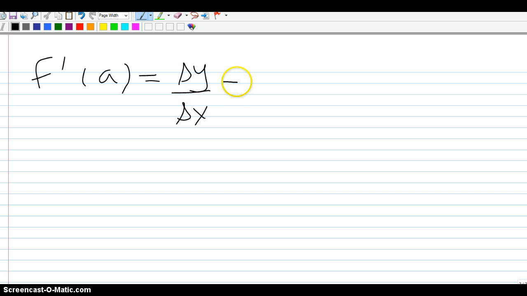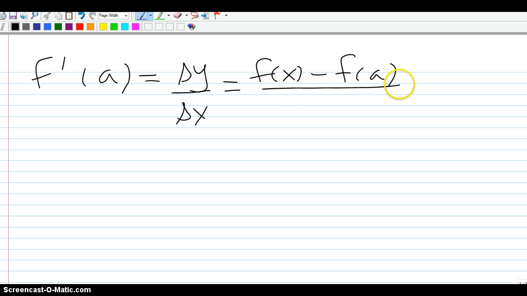So another way I can think about that is f prime of A is the change in y over change in x. That's just review of the slope. The change in y in our picture was f of x minus f of A, over x minus A, our change in x.